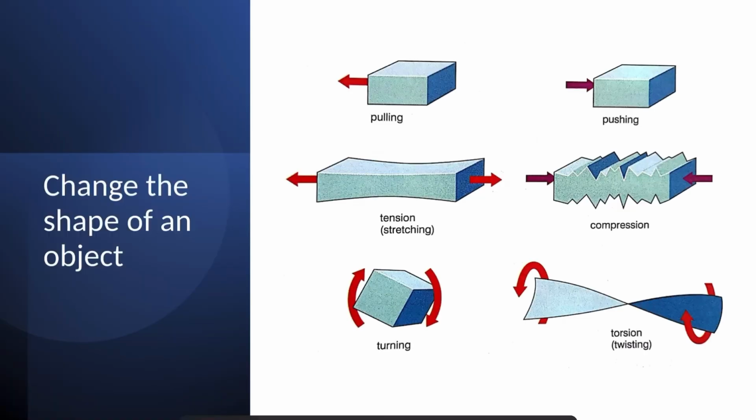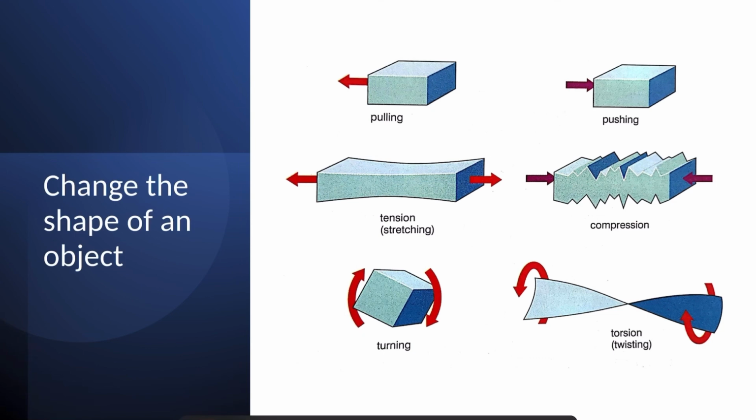And the last possible outcome is deformation. Deformation can occur when forces acting on the object are too large and go beyond the elastic region of the object.